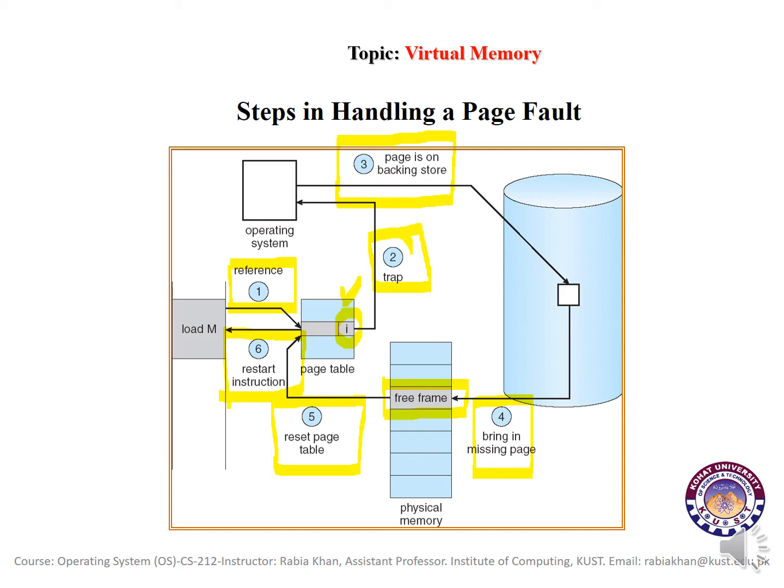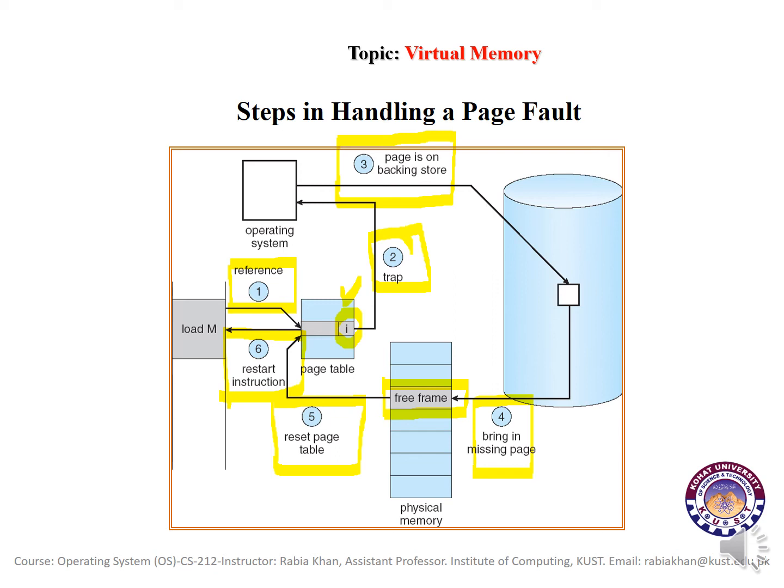It is a time-consuming task for the operating system since it is a trap for the operating system. How is it done? The steps are now clear to you. The running process makes a reference to some page.